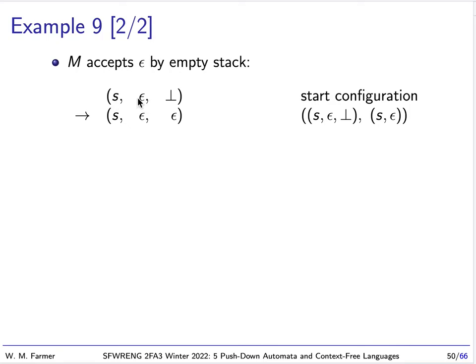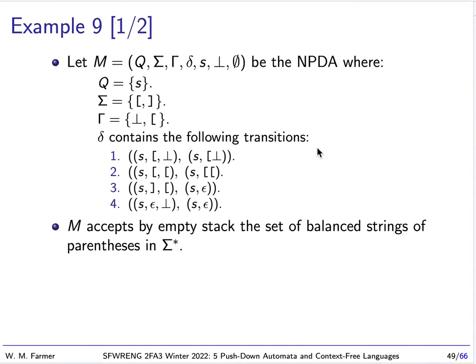We're not reading anything, which is going to be the empty string, and we just have the stack symbol, and we will go to this configuration, which is the final configuration by acceptance by empty stack, and we're going to use this transition. If you are wondering where that transition came from, it's right here.